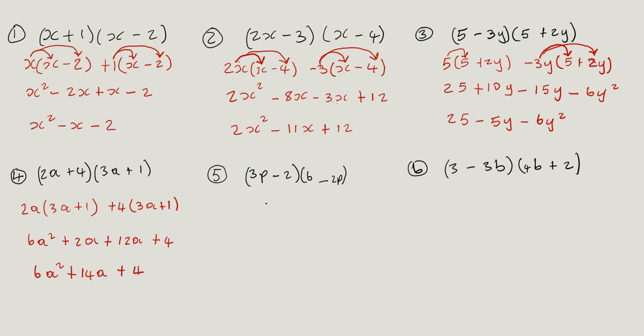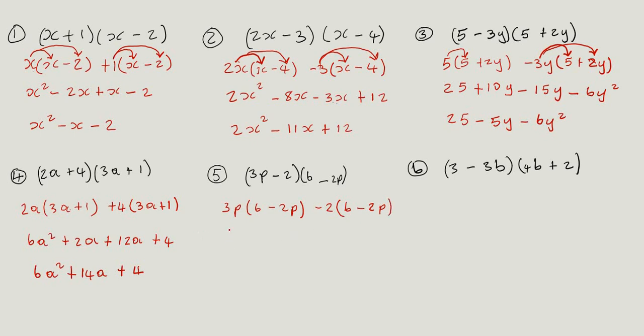This one, the same idea. We're going to split the first bracket, so we're going to take 3p out. Use the 3p to multiply the second bracket, which is 6 minus 2p. Then we're going to take the negative 2 out. Then we're going to use the negative 2 to multiply the second bracket, which is 6 minus 2p.